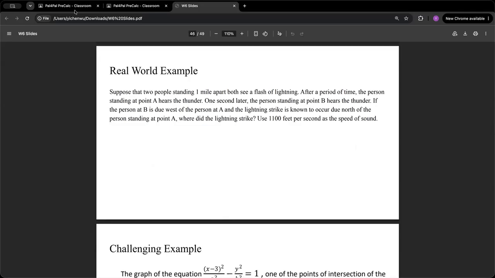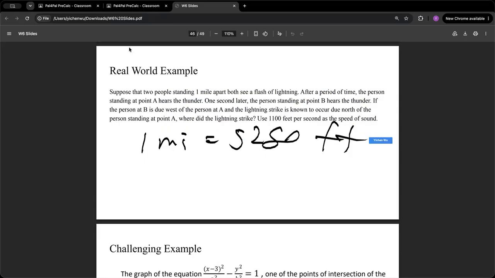I know you can do this with other methods, but please try to use hyperbolas. And if you don't know yet, 1 mile is 5,280 feet.